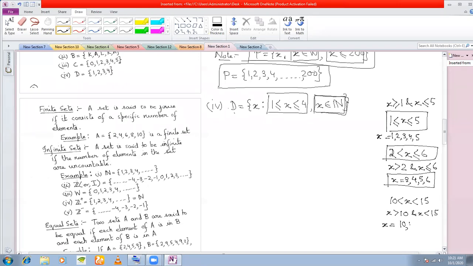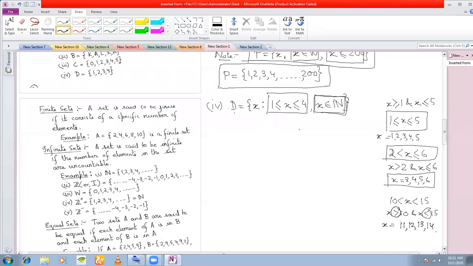Not 10, because you don't have equality here. It has to be 11, 12, 13, 14. X cannot be equal to 10 or 15, but it can take any value between 10 and 15.